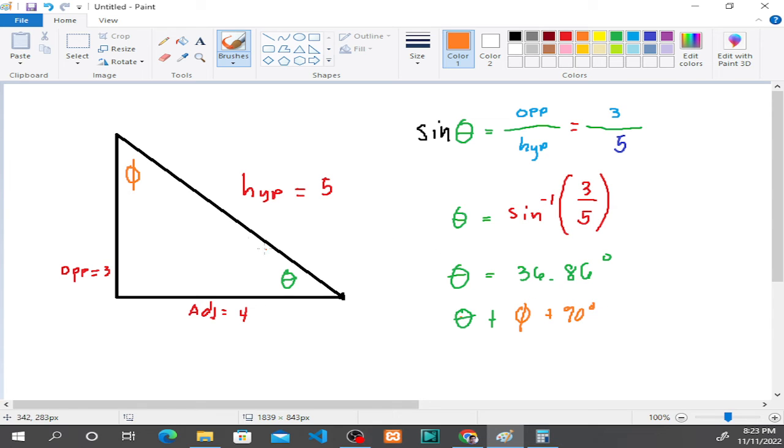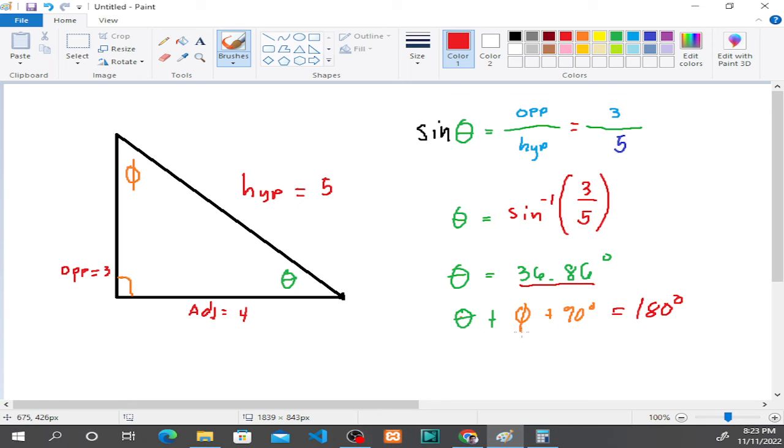Where's that 90 degrees? This angle right here is 90 degrees, and that must be equal to 180 degrees. I now know theta.